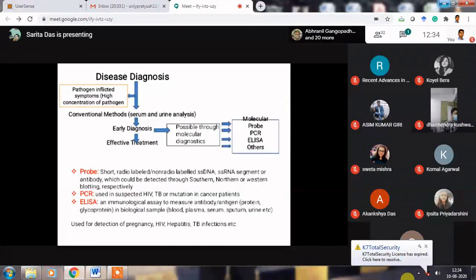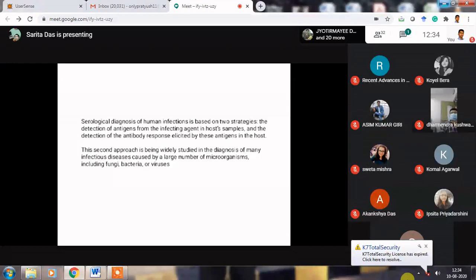It's used to measure either antibody or antigen proteins or glycoproteins in biological samples like blood, plasma, serum, sputum, urine, etc. These ELISA tests are used for detection of pregnancy, HIV, hepatitis, or tuberculosis infection, etc. So this serological diagnosis, or serodiagnosis, for human infection is based on two strategies.